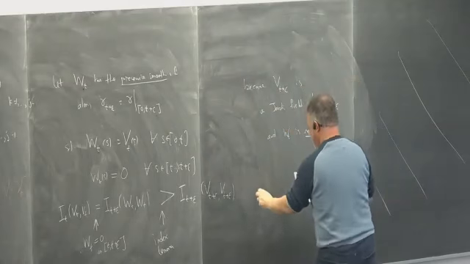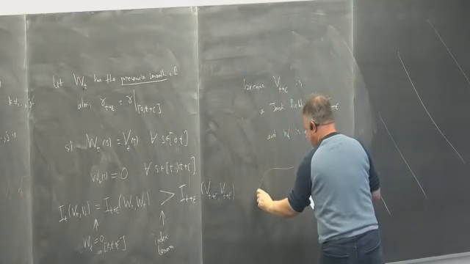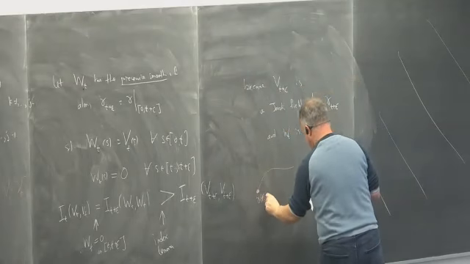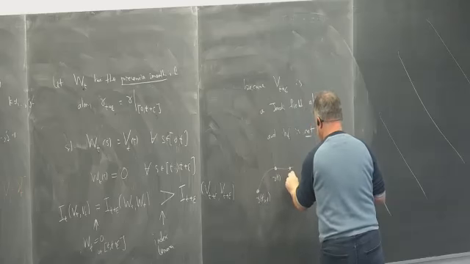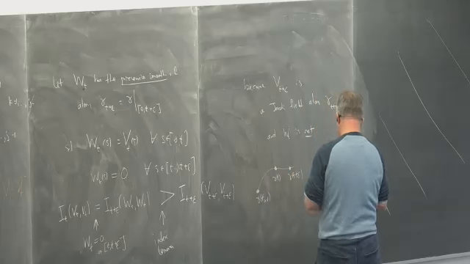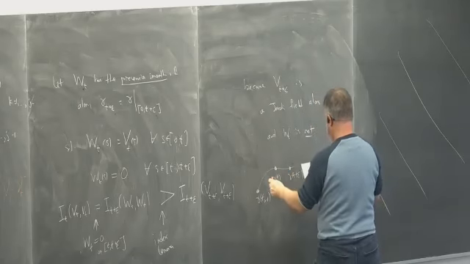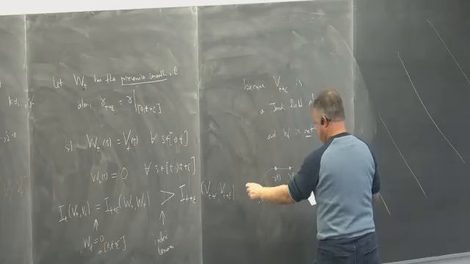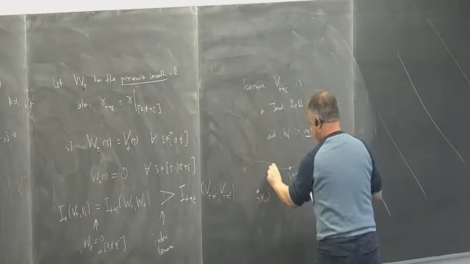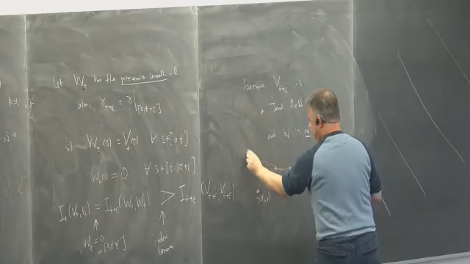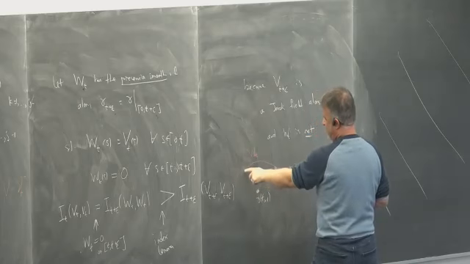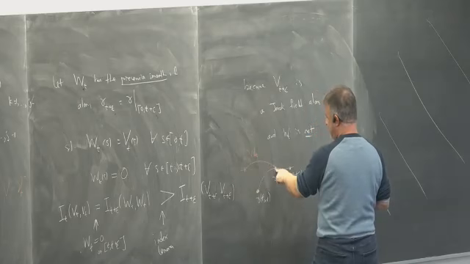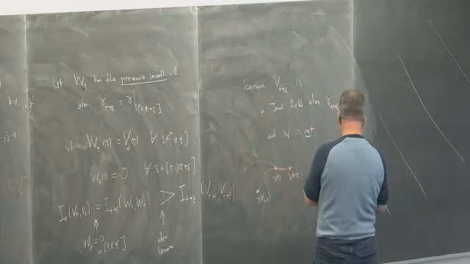I'll draw another picture here. So we have gamma of Tj minus 1, gamma of T, gamma of T plus epsilon. I've got this is Wt, right? It's equal to V up to time Tj minus 1, then it goes to 0. It's a Jacobi field, and here it's identically 0.